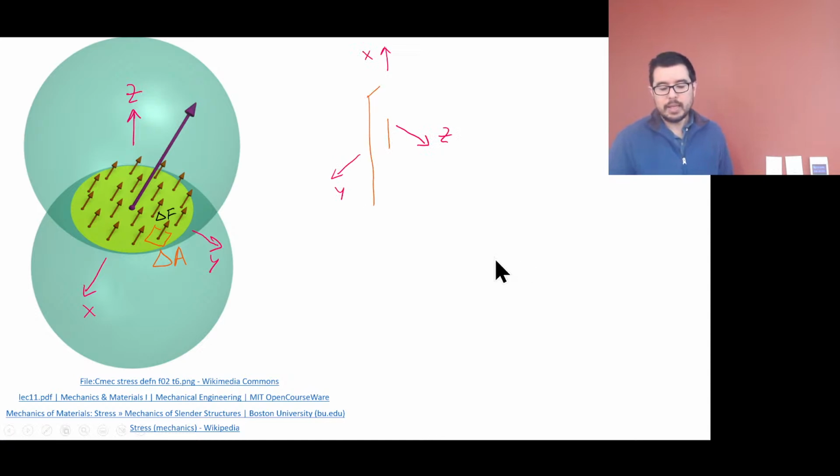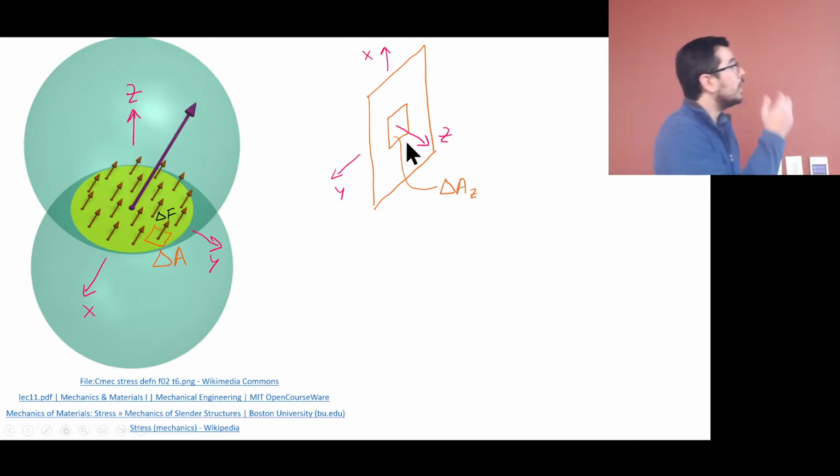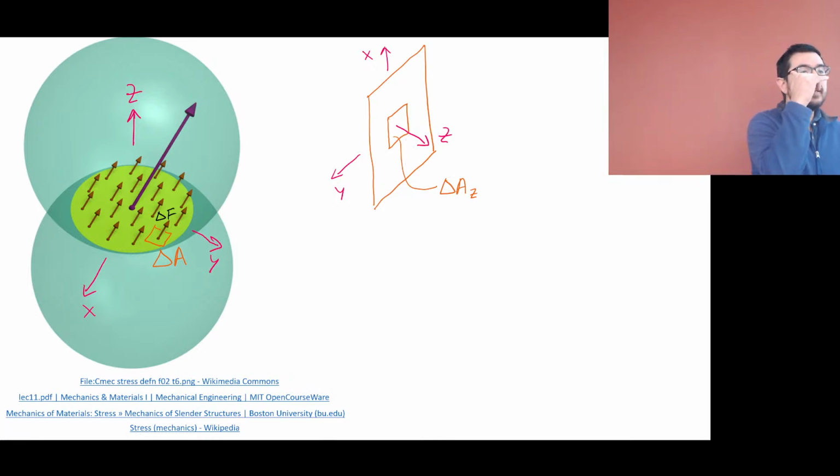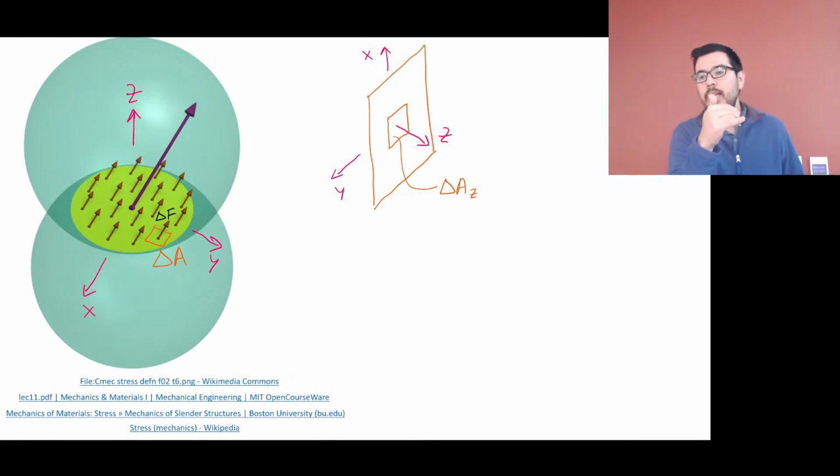If we take this plane and now put it sideways, let's say this big squarish looking thing is the overall area, and we've now focused in on one of these delta A's. So what you have is this delta A_z. The areas that we select on a surface that we've cut always have to be orthogonal.